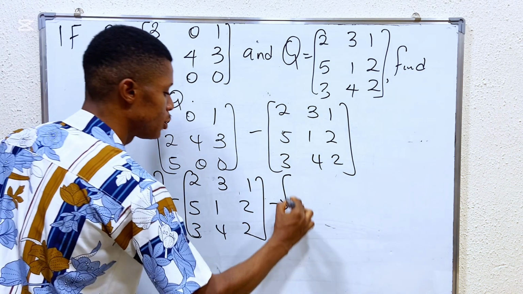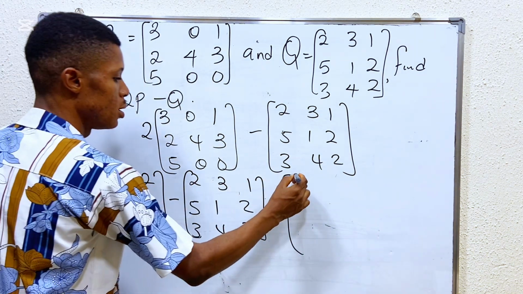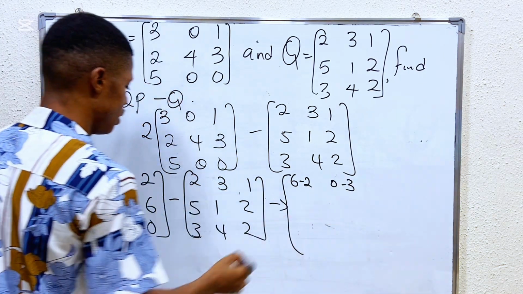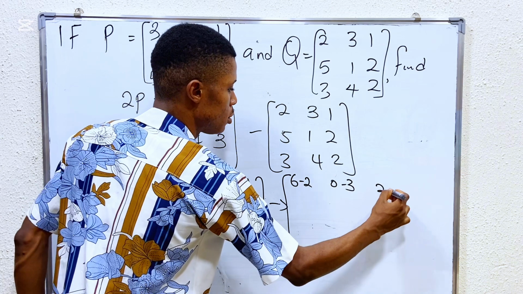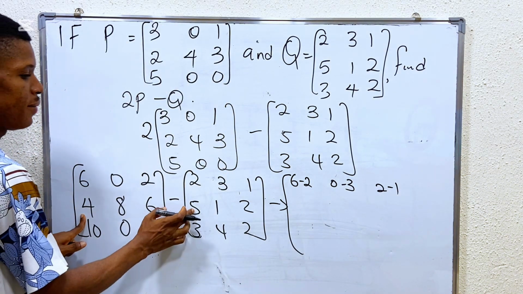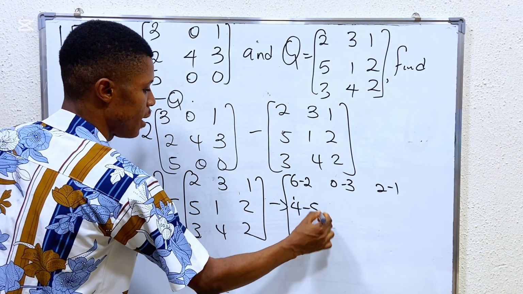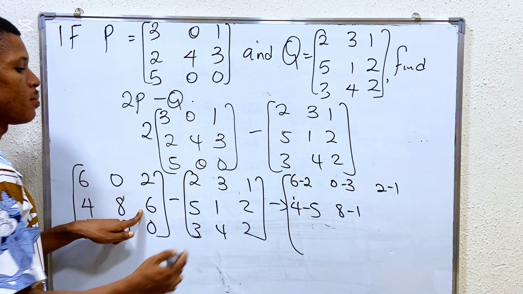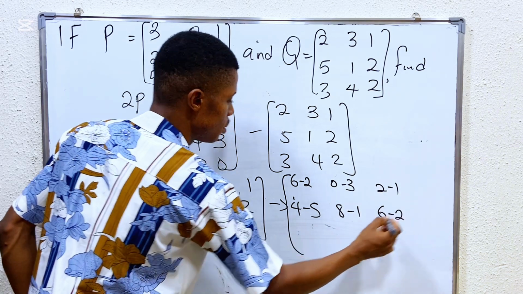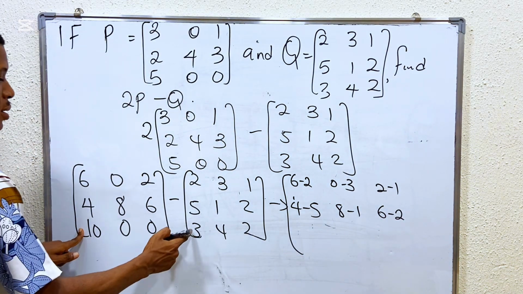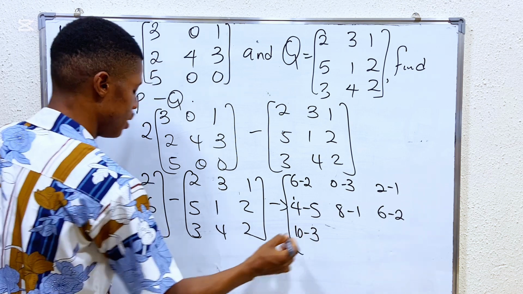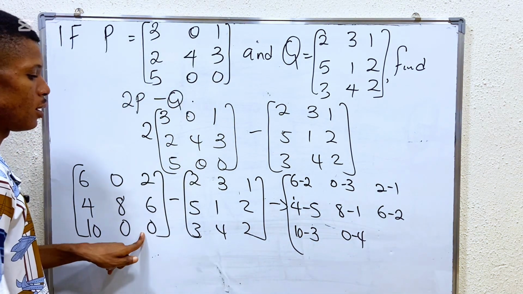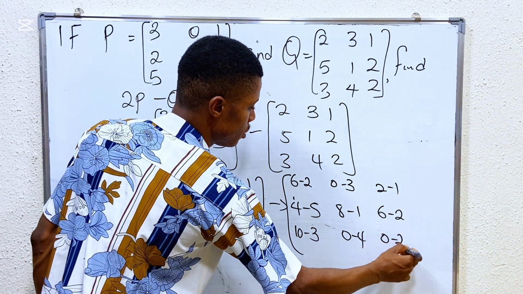So we are going to have a matrix of 6 minus 2, 0 minus 3, 2 minus 1, 4 minus 5, 8 minus 1, 6 minus 2, 10 minus 3, 0 minus 4, and 0 minus 2.